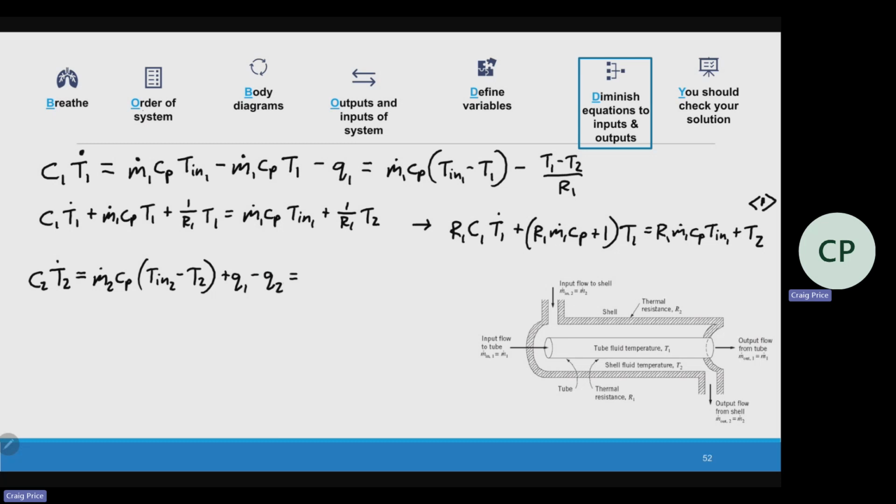So I've got one heat coming in, one heat leaving. So just rewrite this again. We've got T1 minus T2 over R1. And then what's leaving is T2 minus T ambient over R2.